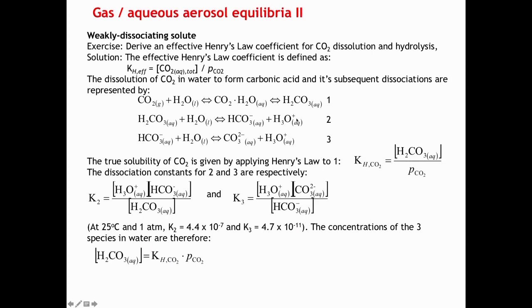The first solubility to produce your carbonic acid is aqueous carbonic acid divided by the partial pressure of CO2. The second dissociation is the product of these two divided by the carbonic acid. The third dissociation constant is the product of these two divided by the bicarbonate ion.